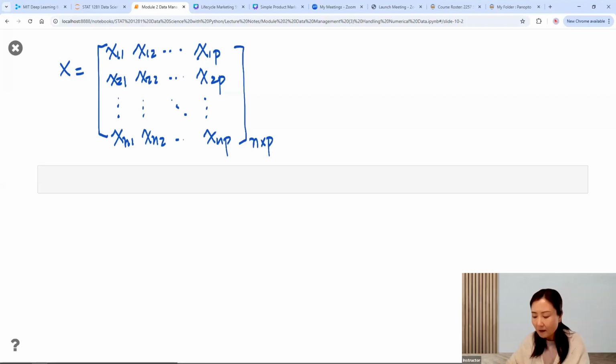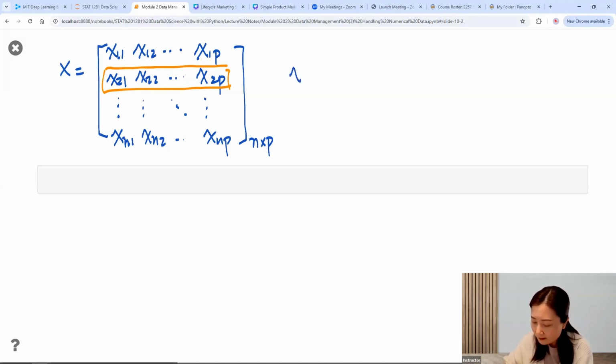Then normalizing will focus on each row. Let's calculate the transformed norm.